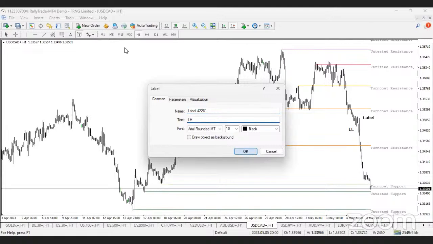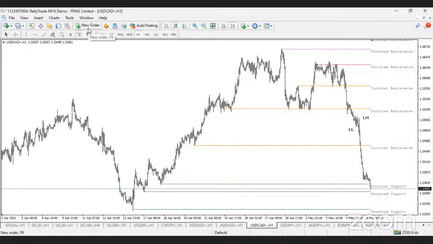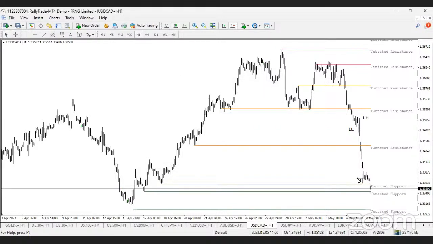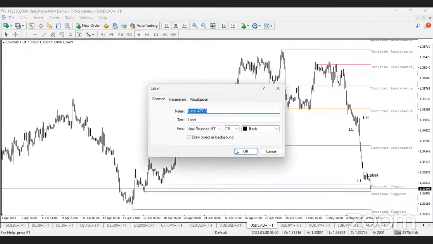And here is our lower low. We have our lower low here, and lower low here, right here, this as our lower low. Then here is our lower high. Here is our lower high.